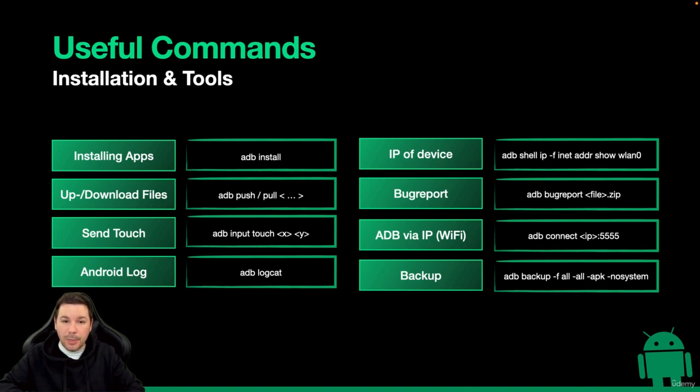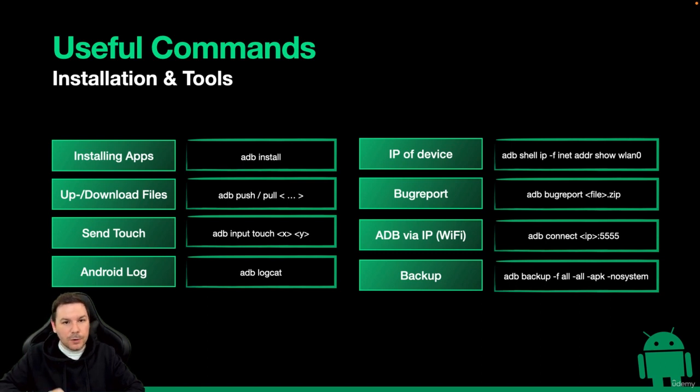ADB logcat, something you should always keep running during your analysis. ADB shell ip and so on. That's a shortcut if you want to easily retrieve the IP address from the virtual machine. Bugreport, also something we have already seen and which is also pretty cool. That's the easiest way to get the HCI snoop log file, so the Bluetooth Low Energy log, from many devices.